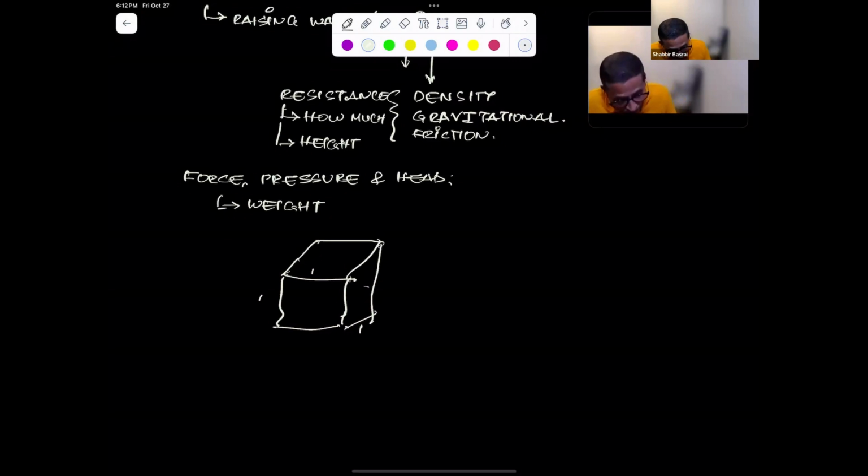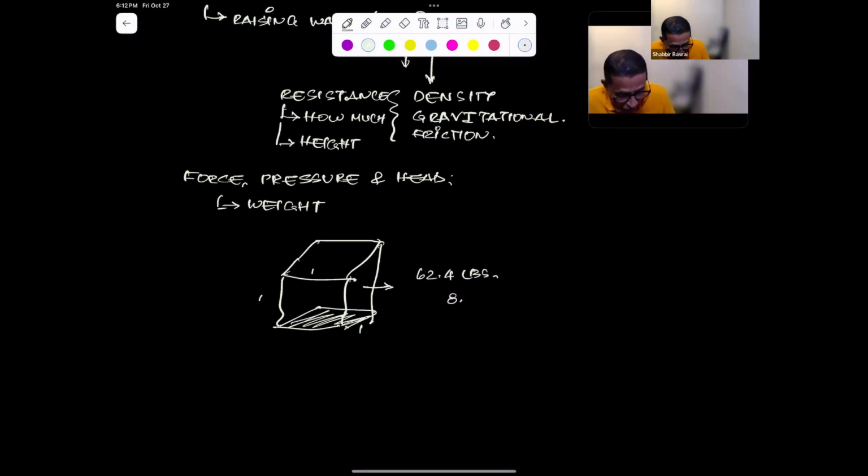So everything is 1 foot in dimension. What will happen is that the force acting on the surface, because this cube is resting on the surface, is going to equal 62.4 pounds. And how do you get that?